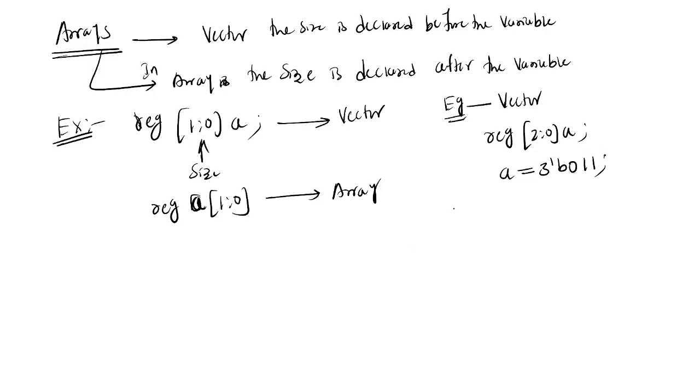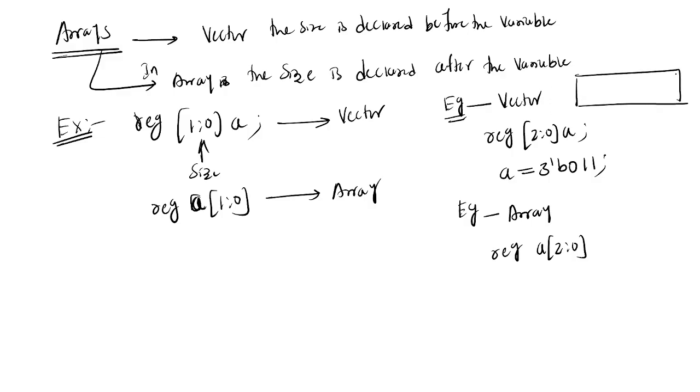For an array example, reg a 2 down to 0. Normally if you consider this vector, it will store horizontally.